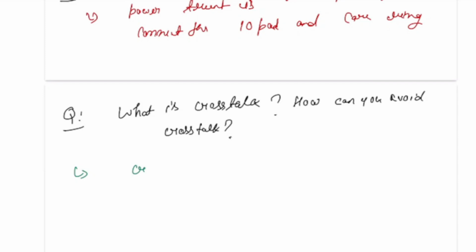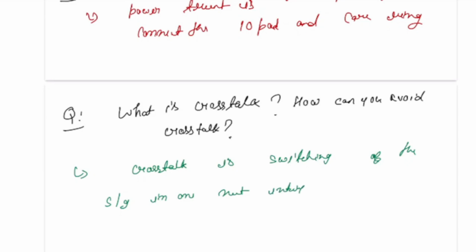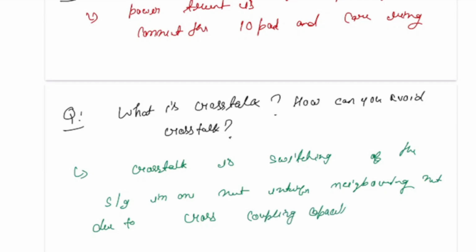Crosstalk is the switching of the signal in one net interfering with the neighboring net due to cross coupling capacitance. Crosstalk may lead to timing violation.